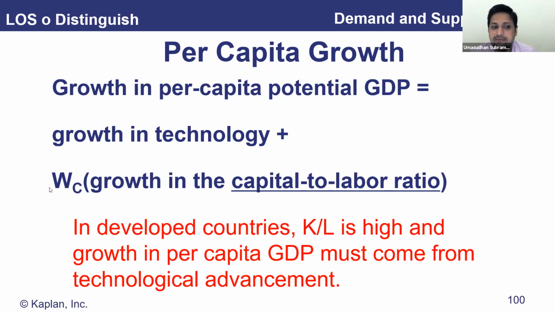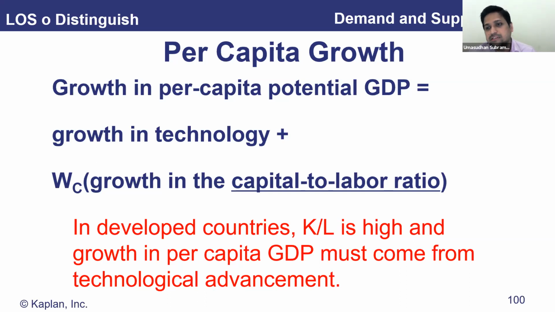When you are becoming capital intensive, increasing the weight of capital, your capital to labor ratio is increasing. When you increase that, what do you think will happen to your GDP? Is it going to go up or down? It is going to go up. Why? If you become more capital intensive, what happens to your productivity? Your productivity increases, and that will increase your GDP.